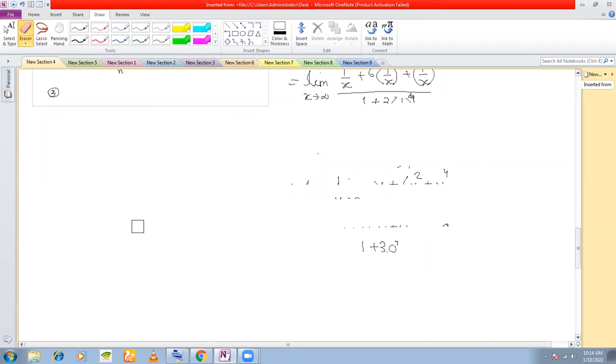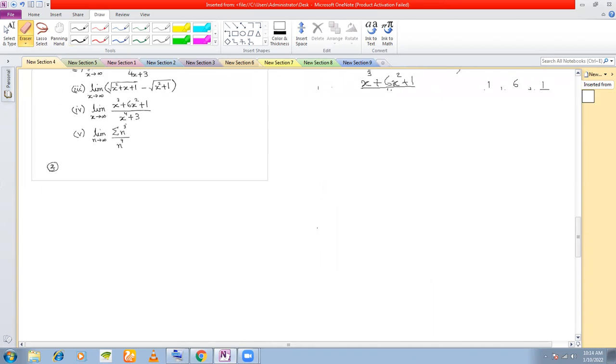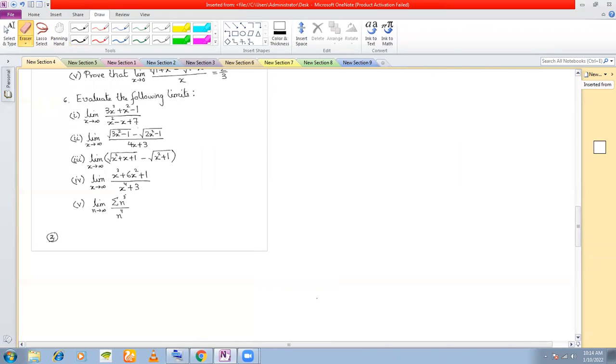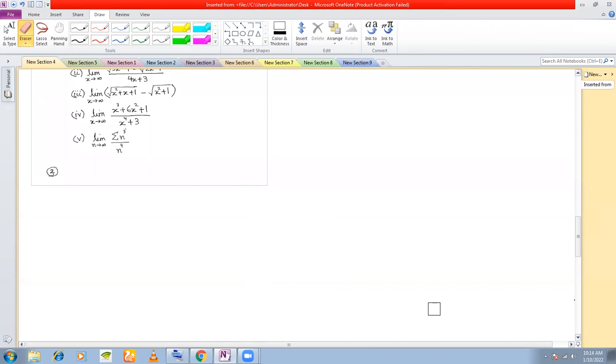Last problem from this exercise. Number 5. Limit n tends to infinity, summation n cube divided by n to the power of 4.